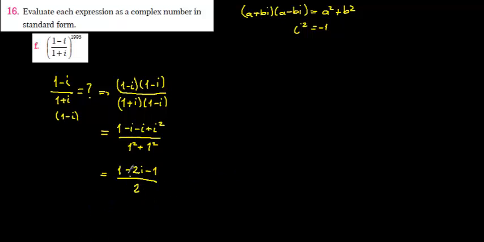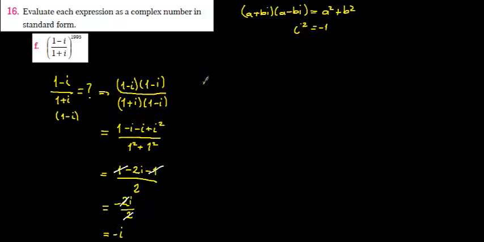If we cancel the 1 and minus 1, the operation here is minus 2i over 2, and the answer is going to be minus i.